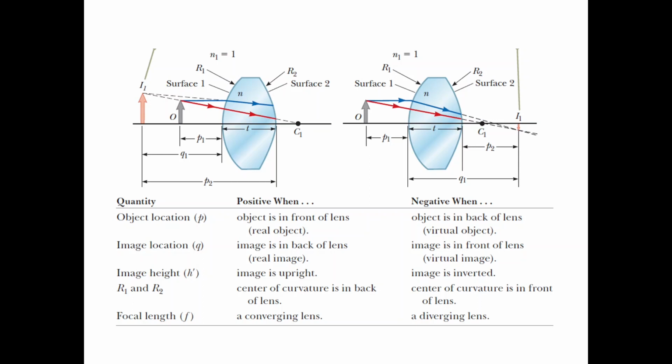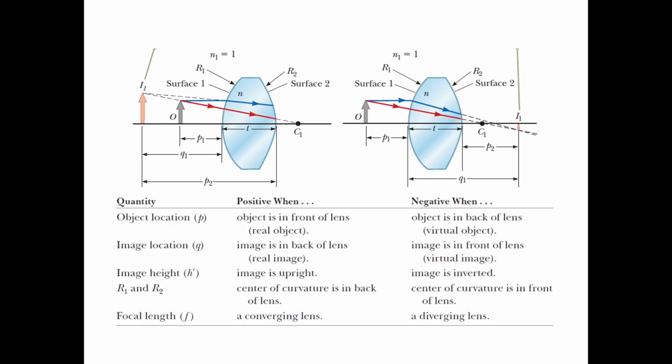So P2 is equal to minus Q1 plus T. Why minus? Because by magnitude Q1 is negative. We remember that if the image is located on the same side as the object, and it is an imaginary image, then this distance Q1 will be negative.